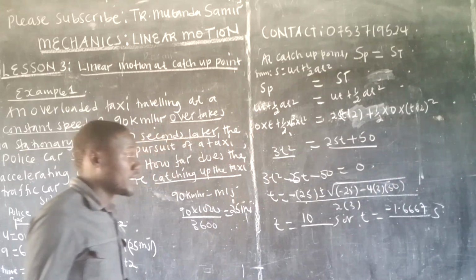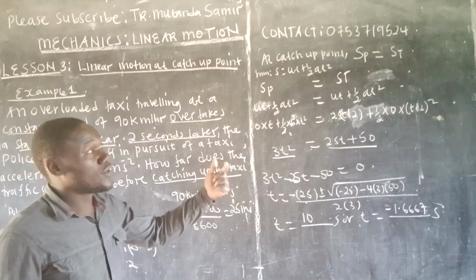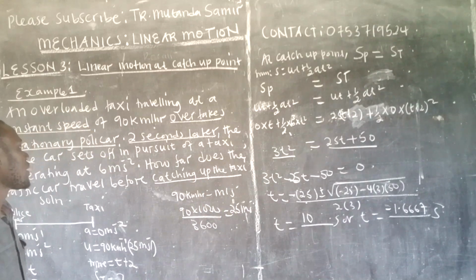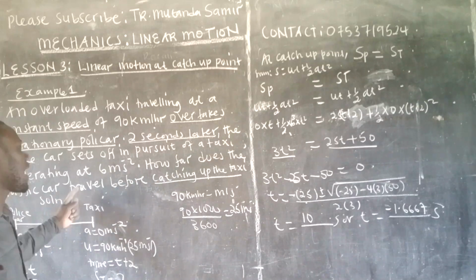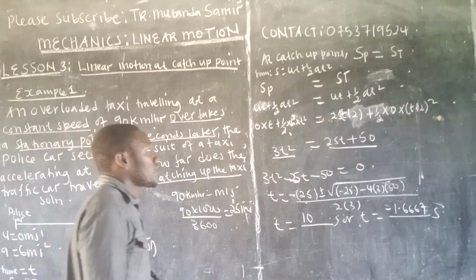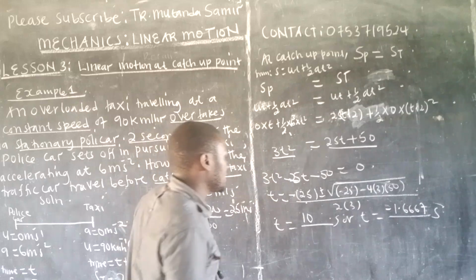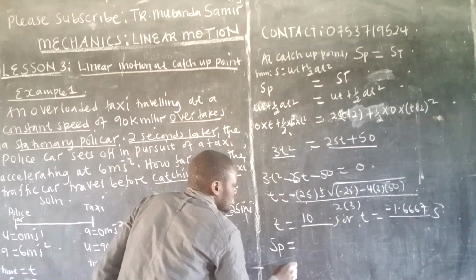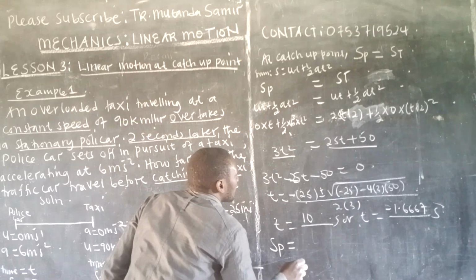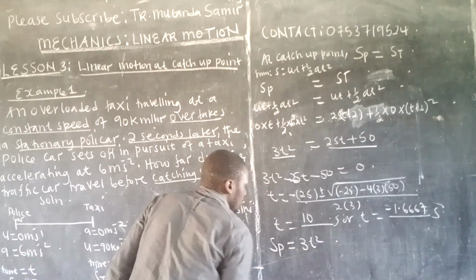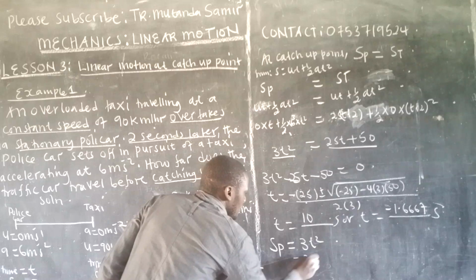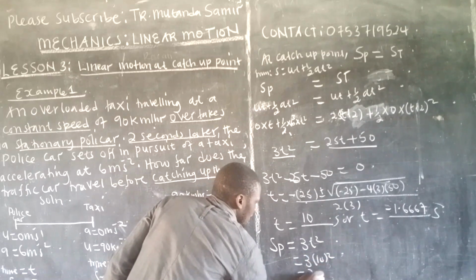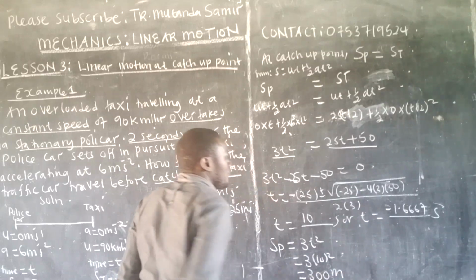Now to our question, we have gotten the time. And how did we get the time? We used the logic that at the catch-up point, the distance covered by the two bodies must be equal. They want to know how far the traffic car moves. The distance covered by the traffic car, or the police car, is equal to 3t squared after simplifying everything, which will be 3 into 10 squared, and this will just be 300 meters.